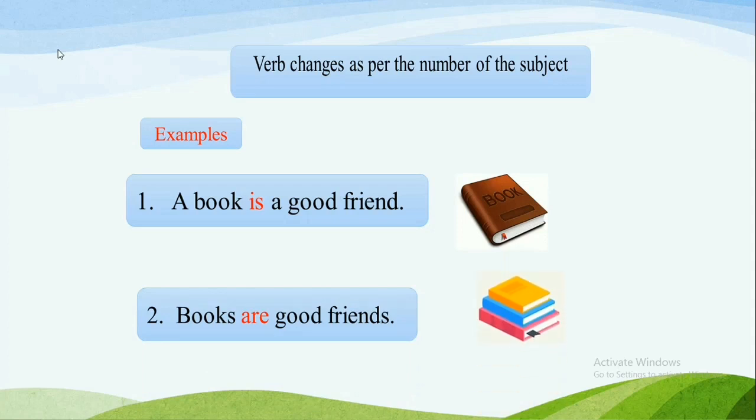Here you can see that the verb is changed into are as per the subject, singular changed into plural. Now you are clear that the finite verb changes as per the tense, as per the person and as per the number.